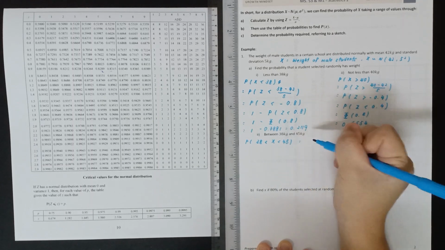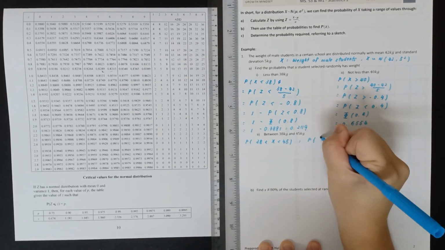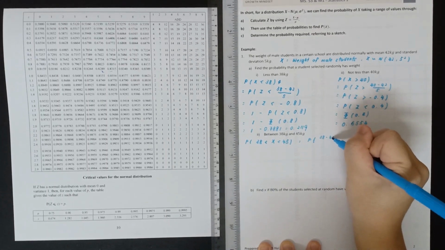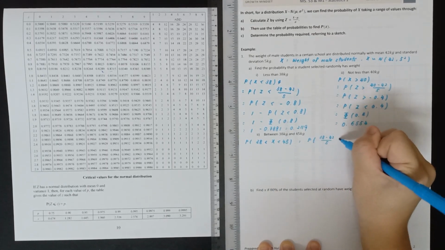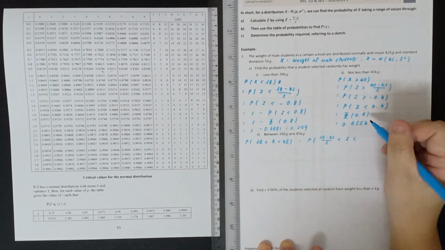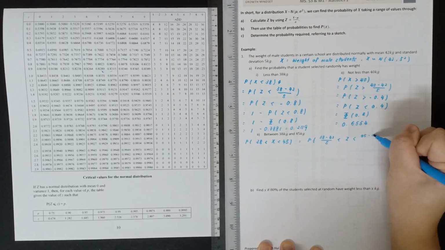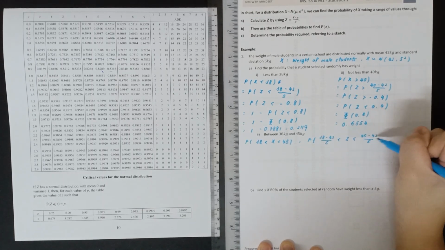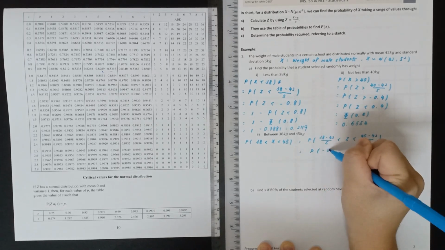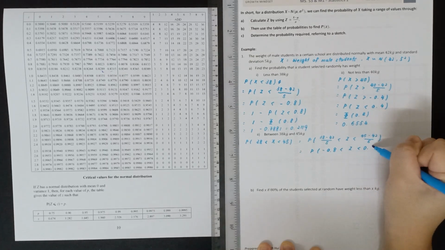Then you are going to do the same thing, standardize it. So probability 38 minus your mean, divided by standard deviation, becomes z now because you already started the process. So 45 minus 42 over 5. This gives you negative 0.8 for z, then 0.6.